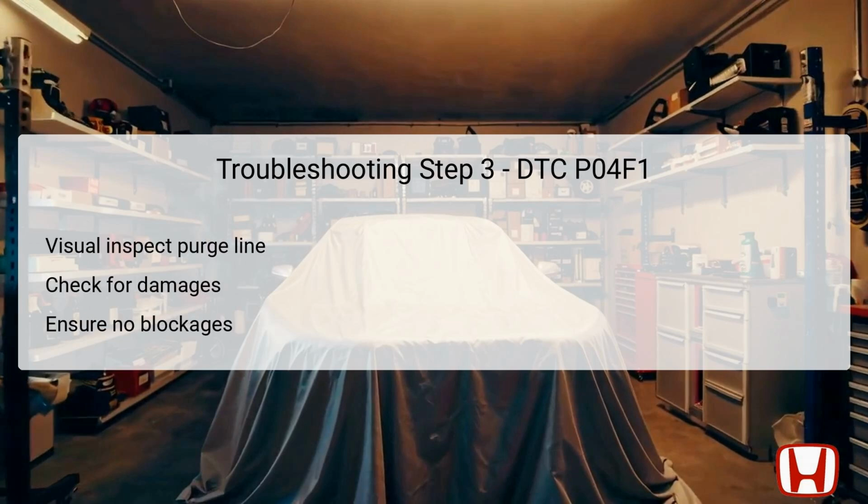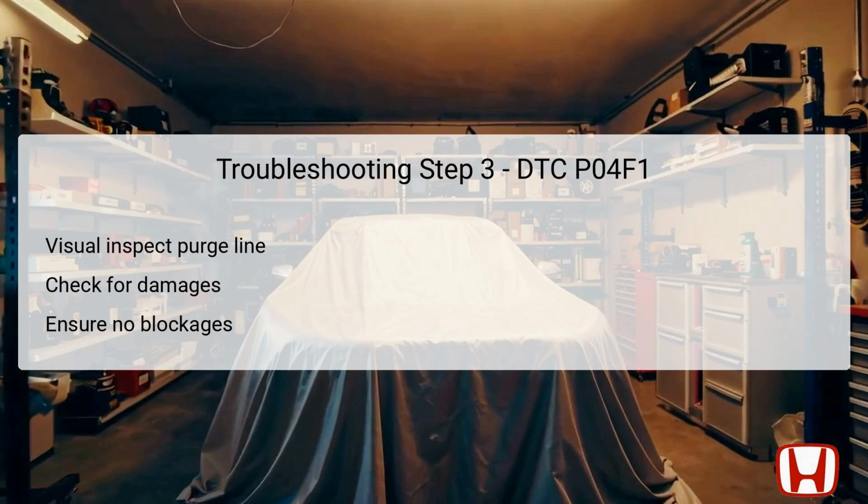Continuing with troubleshooting, the third step involves a visual inspection of the EVAP canister purge line. First, visually examine the line for any signs of damage, such as cracks or wear that could lead to a loss of vacuum and therefore a loss of efficiency in the EVAP system.